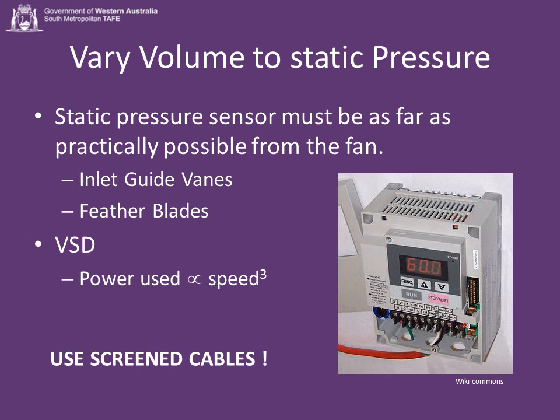The downside of the VSD is that in order to achieve this frequency change, they actually use radio frequency. So we must use screen cables when we connect a VSD to a motor. If we don't use screen cable, then we'll find the communication starting to fail all around the plant.